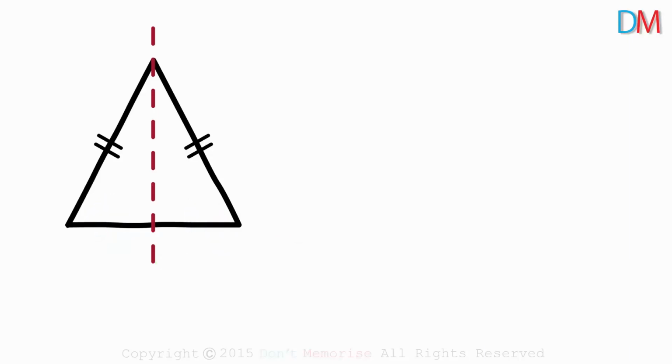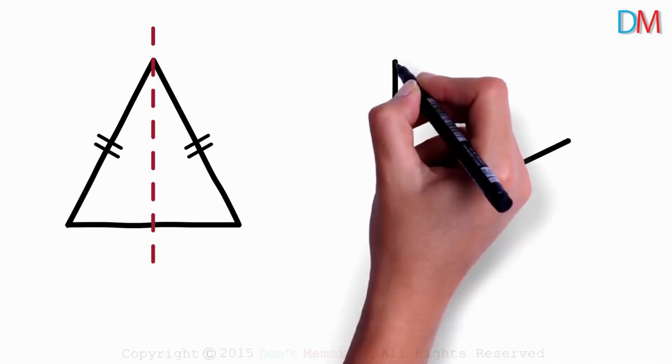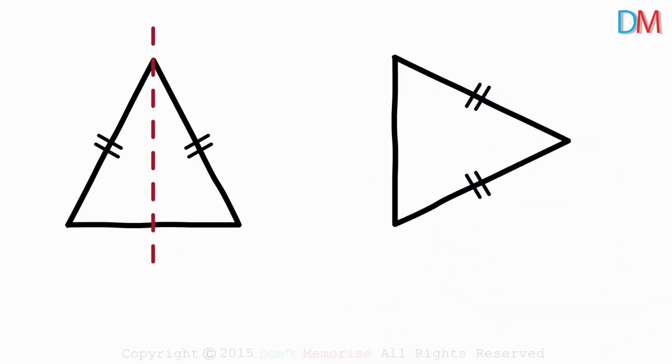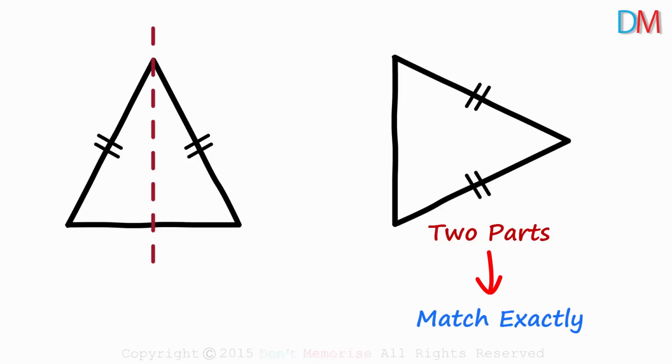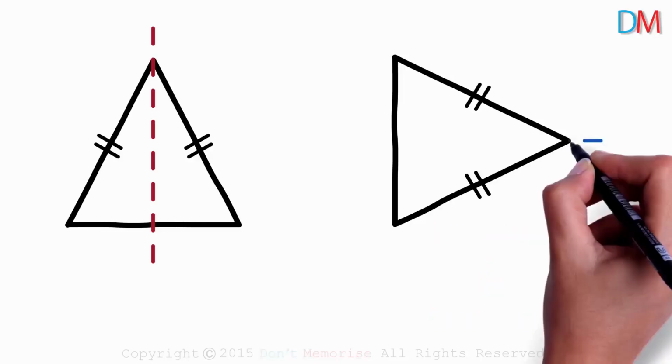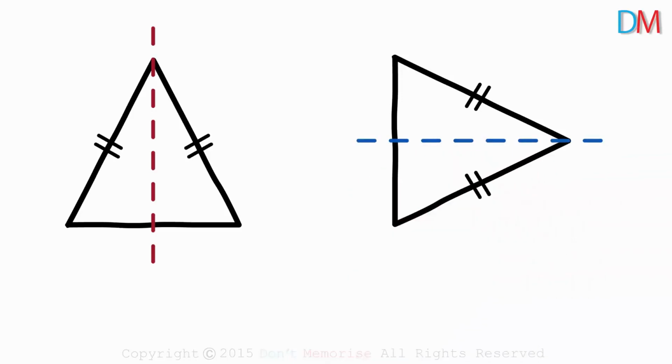Now let me give you another figure. I draw the isosceles triangle this way and ask you the same question. How would you divide the triangle into two parts such that both the parts match exactly when they are folded along a line? Yes, we can draw a horizontal line like this. We get two parts which match exactly.